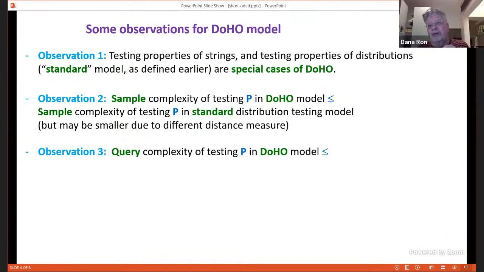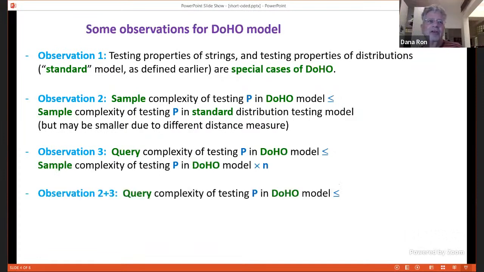Usually we want to distinguish elements which have the property from elements which are epsilon far from the property, where epsilon is a proximity parameter. So it's a promise problem, and the question is, for what objects do we have to give the right answer? If an object is close according to one measure but far according to the other, then when we work with the other measure, we have to reject. But when we work with the first measure, we may not need to reject because it's smaller than the proximity parameter.